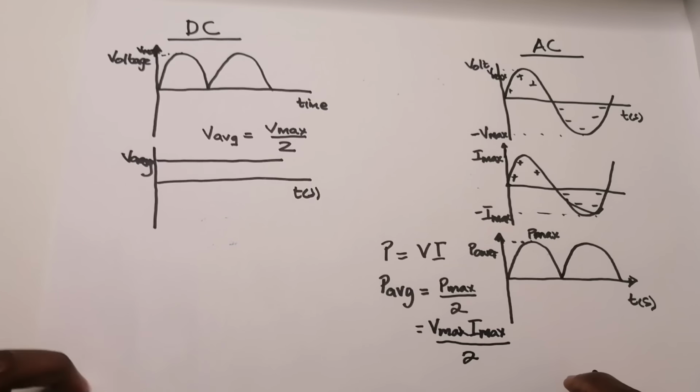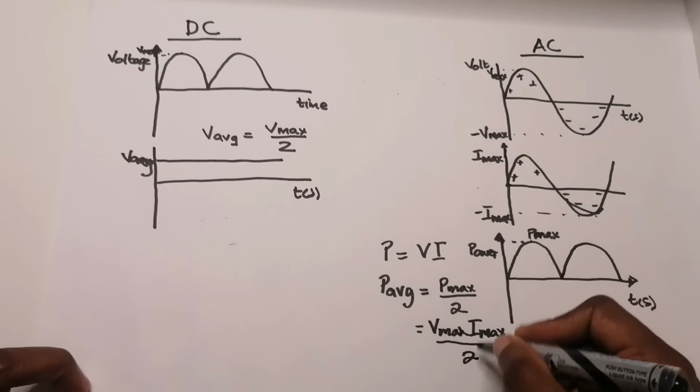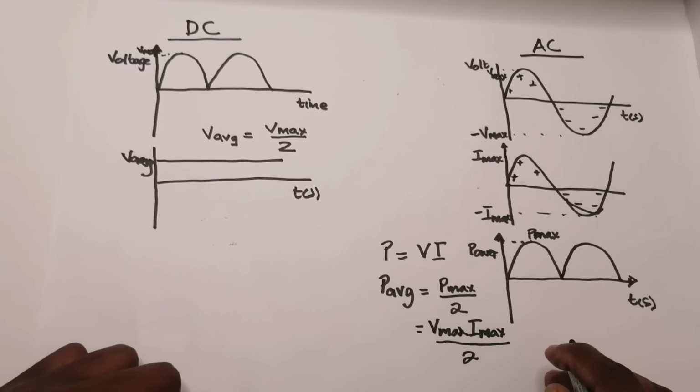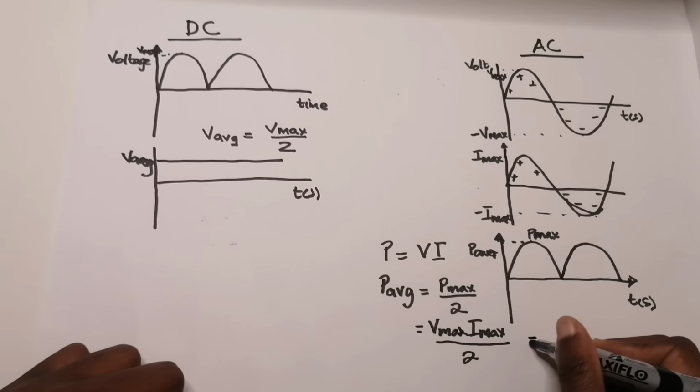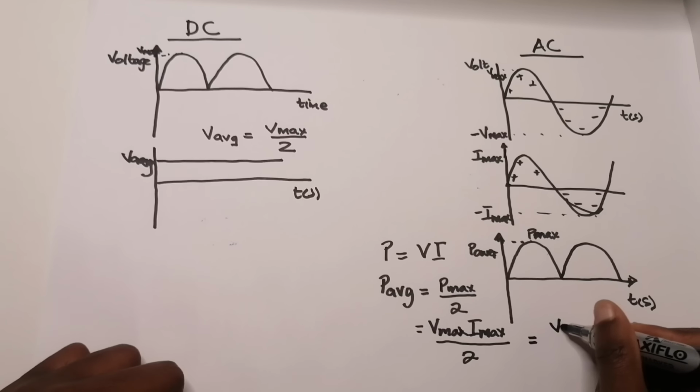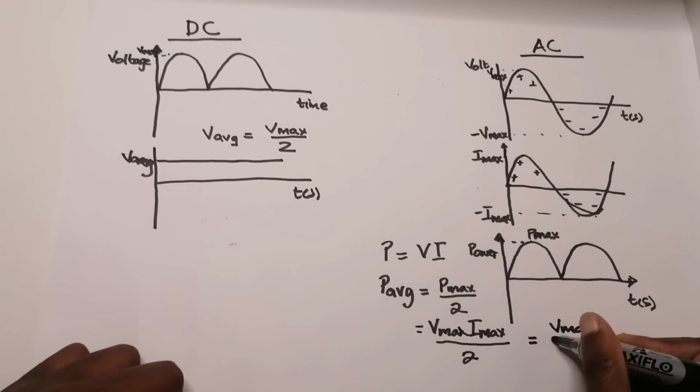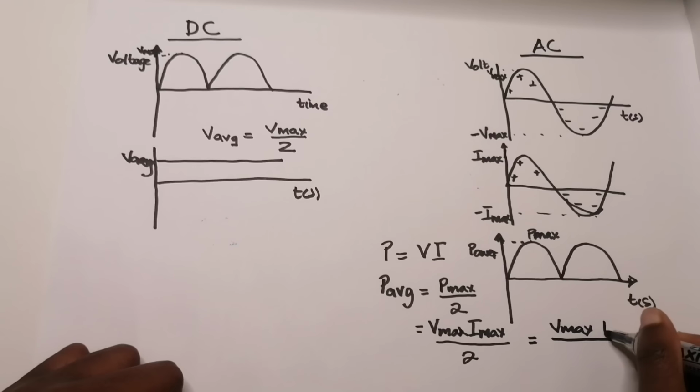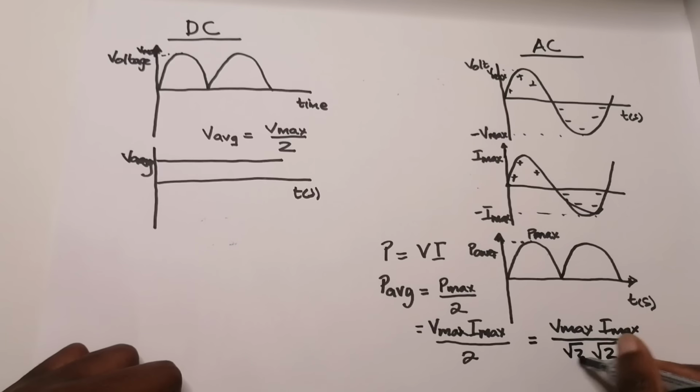Now, I wanted to find a way in which we can split this 2 into that product there. How do I split that 2? Well, mathematically, I can say square root 2 multiplied by square root 2. That would give me 2, isn't it?